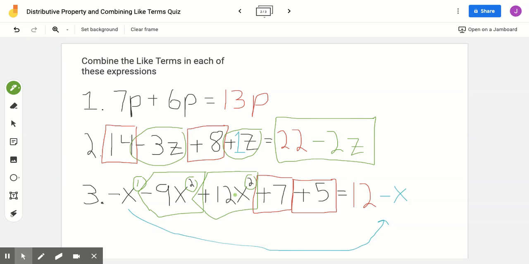That's the same as 12x squared minus 9x squared. So 12 minus 9 is positive 3. So we get positive 3x squared. Okay, so those are all the correct answers for both of these portions of the quiz.